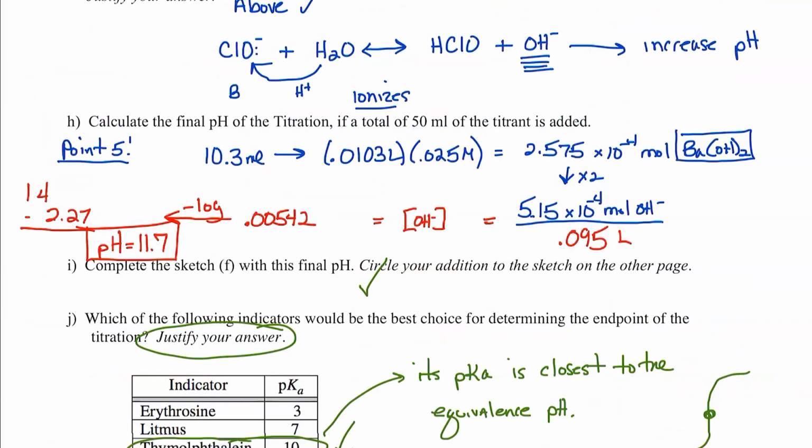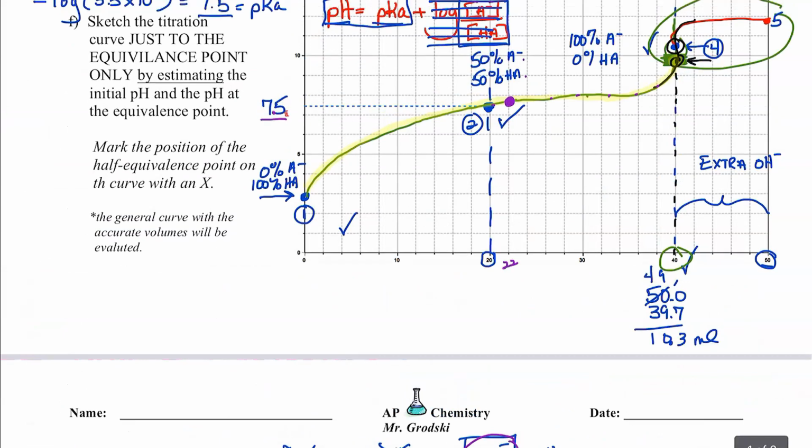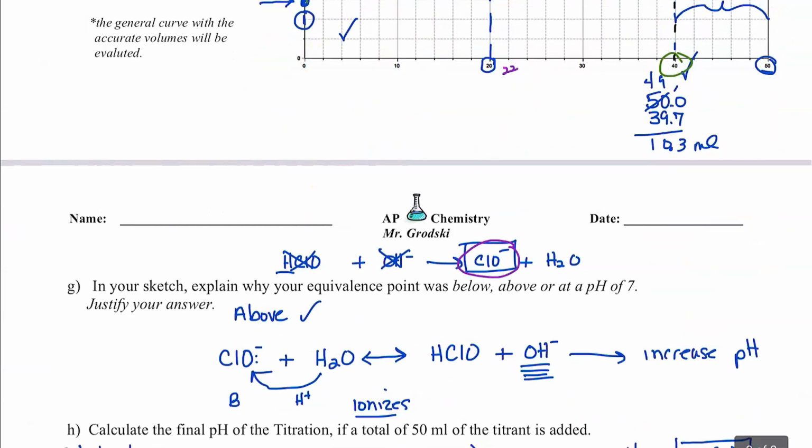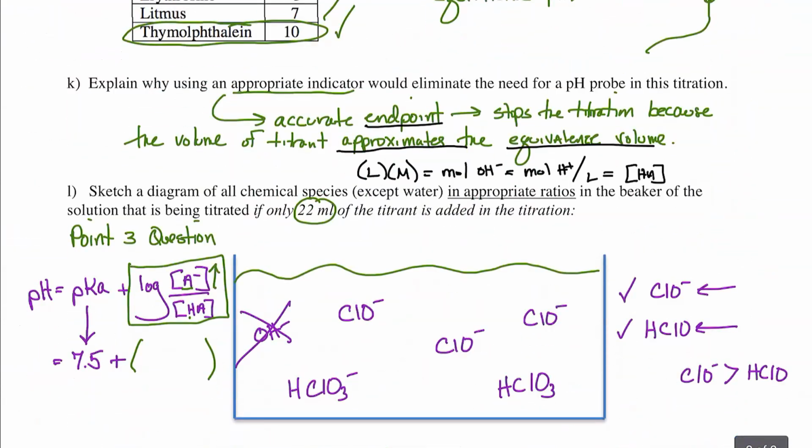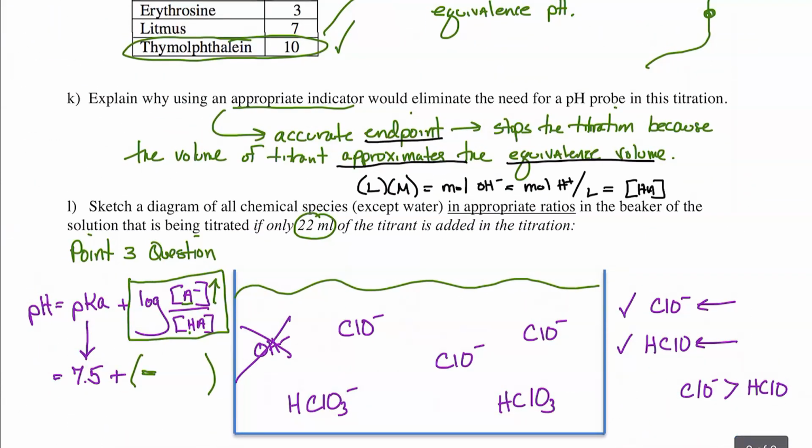If we were in front of the half equivalence point in a weak acid strong base titration like here, my pH here is lower. Why? Well, because I haven't added enough what? Base to get to halfway. And if my pH is lower, this expression would have to be a negative.